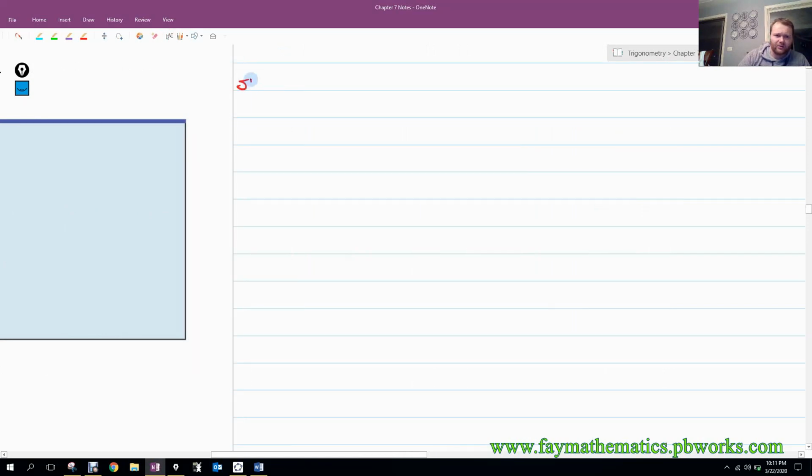We're going to start with the sine of x plus x. Obviously that is the same as the sine of 2x. That's exactly what we're looking for. The reason I write it this way is that, remember previously, if we had the sine of an alpha plus a beta, that was sine of alpha cosine of beta, same sign as this, so plus, and then cosine of alpha sine of beta.